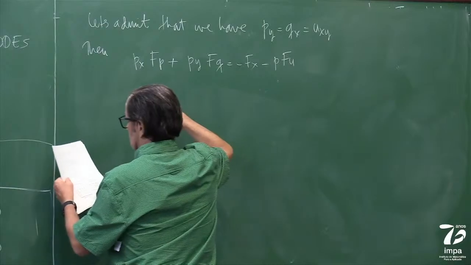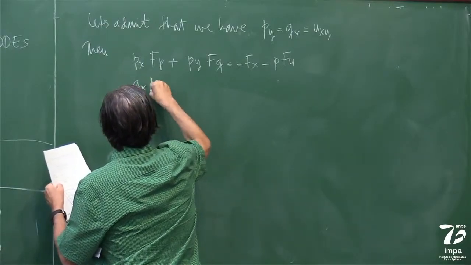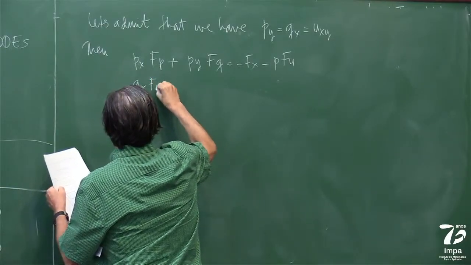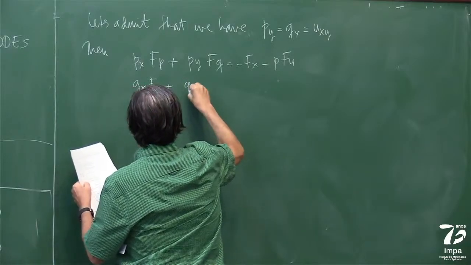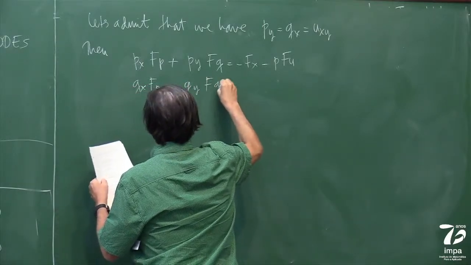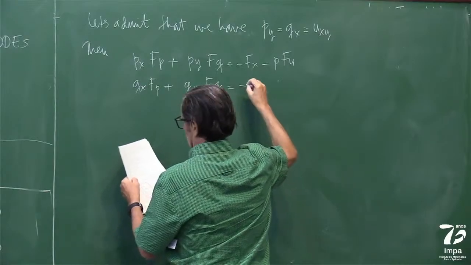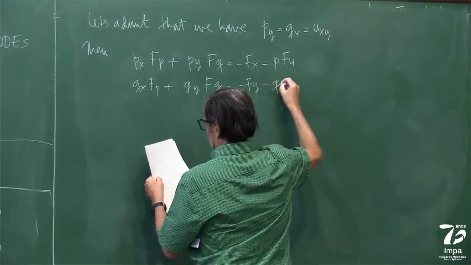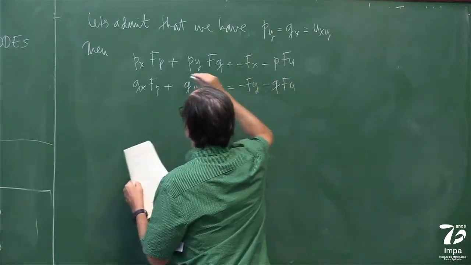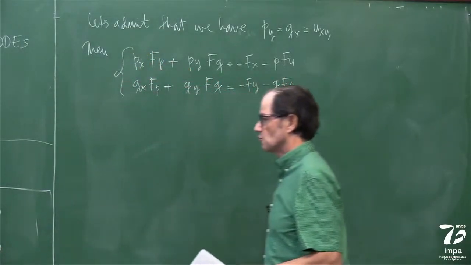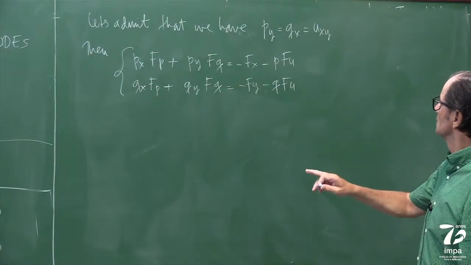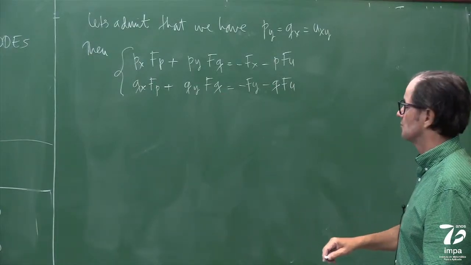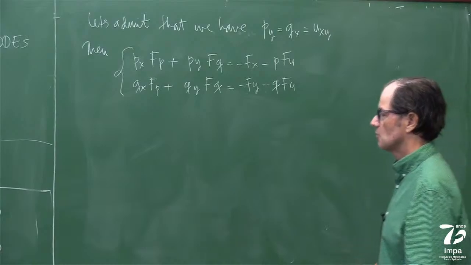So this is just like tedious calculation. Okay, let me double check if I wrote this right. F of x, P of u. Yeah, so basically here, right?